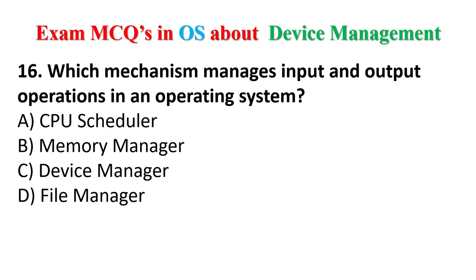Question number 16. Which mechanism manages input and output operations in an operating system? CPU scheduler, memory manager, device manager, file manager. The device manager is responsible for managing input and output operations in the operating system.